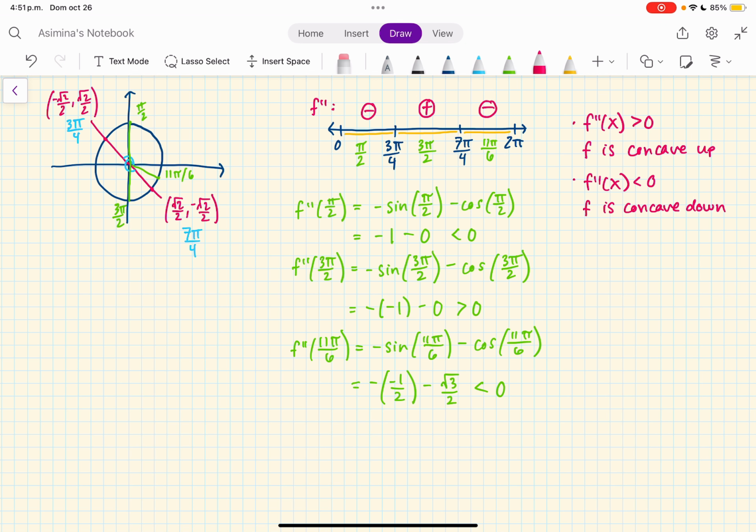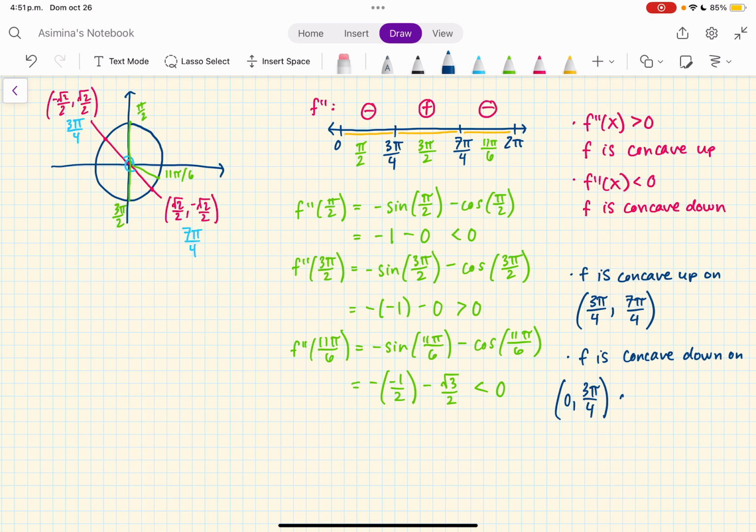So based off of what we just did, this tells me that f is concave up on the interval 3 pi over 4, 7 pi over 4. Great. And then this tells me that f is concave down on the interval from 0 to 3 pi over 4 and the interval from 7 pi over 4 to 2 pi.